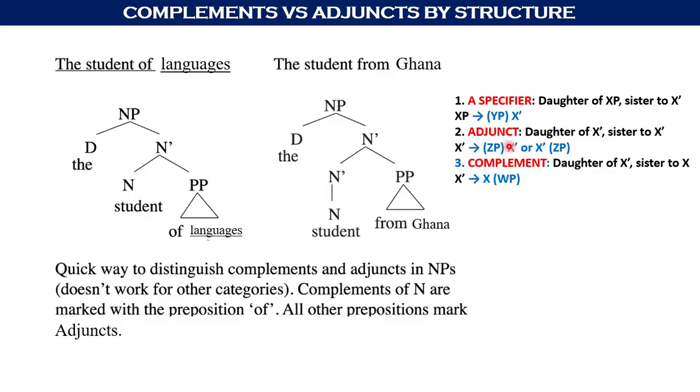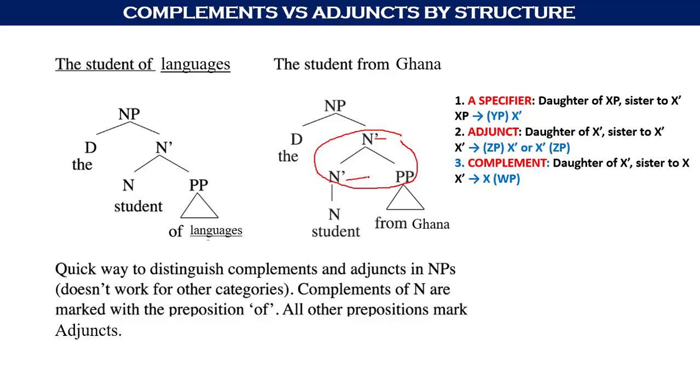We know that for adjuncts, they should be daughters of X-bar and sisters to X-bar, which means that over here, our adjunct, which is from Ghana, should be a daughter of this N-bar and a sister to another N-bar, not an N. So this is the adjunct rule, daughter of an N-bar and a sister to an N-bar.